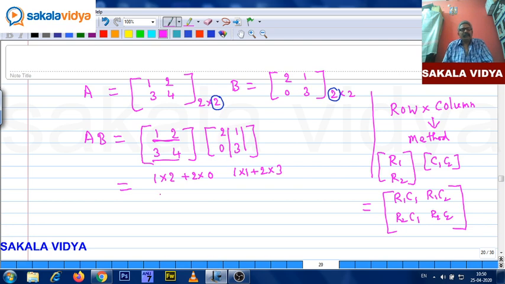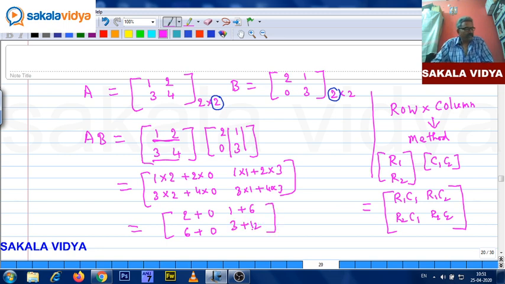Row 2 column 1: 3 into 2 plus 4 into 0. Then 3 into 1 plus 4 into 3. Just simplify. This is 2 plus 0, 1 plus 6, 6 plus 0, 3 plus 12. So then you can find AB.